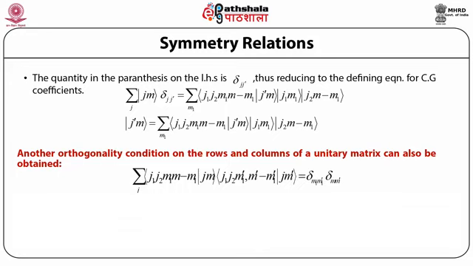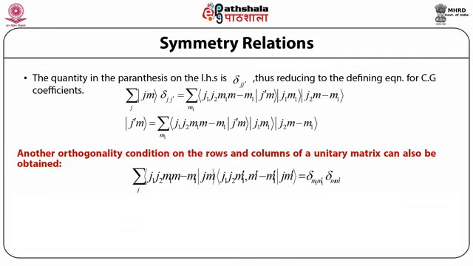So this can be written as the summation over j of ket |j m⟩ δ_jj' is equal to the summation over m1 of ⟨j1 j2 m1 m−m1|j' m⟩ |j1 m1⟩ |j2 m−m1⟩, and this finally gives the result.